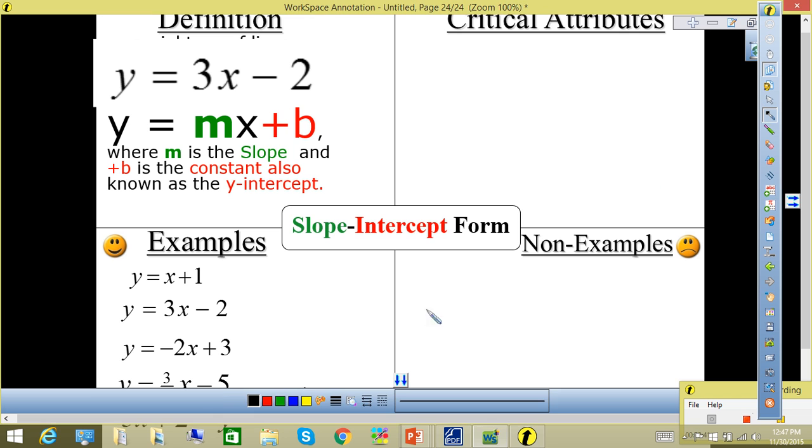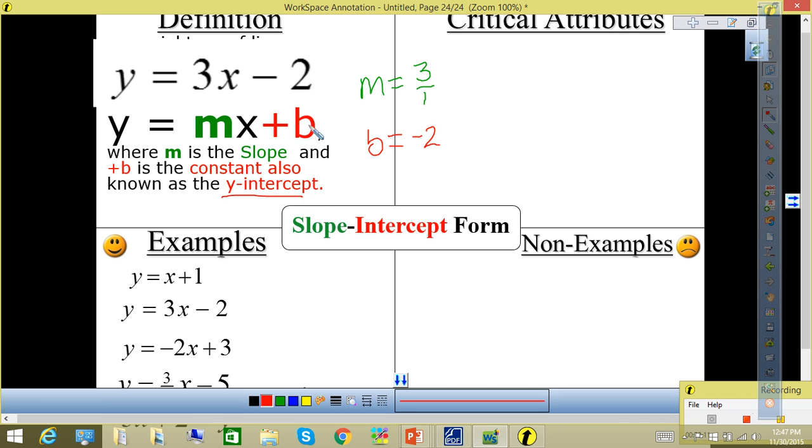So if everything matches up, and that is slope-intercept form, and we know that m stands for slope, and b stands for y-intercept, so looking at this equation, everyone, what would be our slope? 3, and we write it as a fraction form, which is 3 over 1. Looking at the same equation, what is our y-intercept? Negative 2.